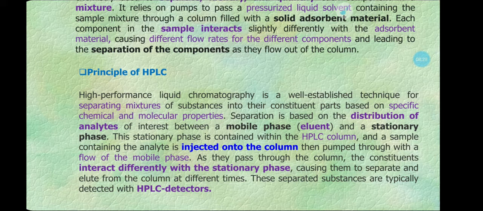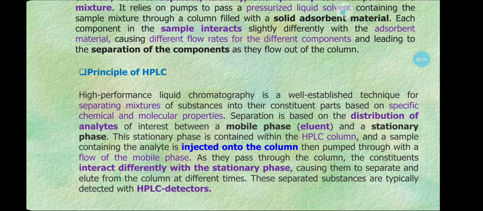So this is the simple principle. That means the solutes present in a mixture pass through the stationary phase, that is the HPLC column, and the distribution takes place. Each component present in your sample interacts differently because their chemical natures are different.